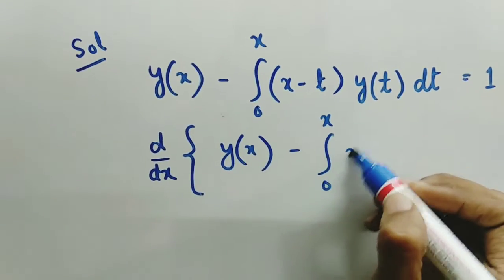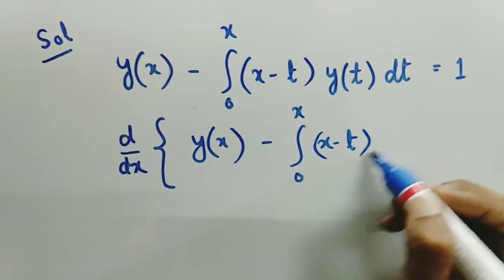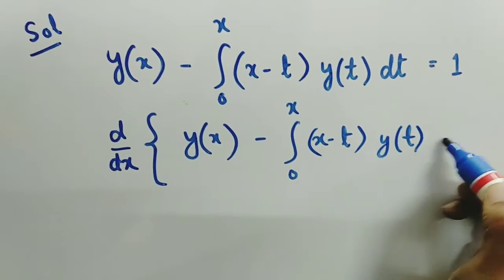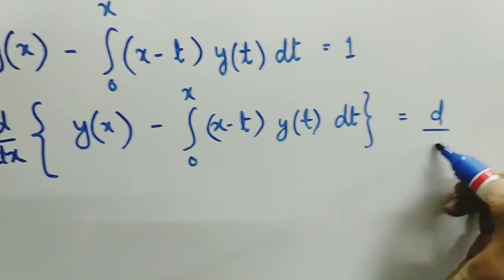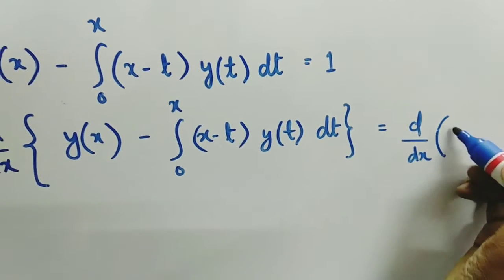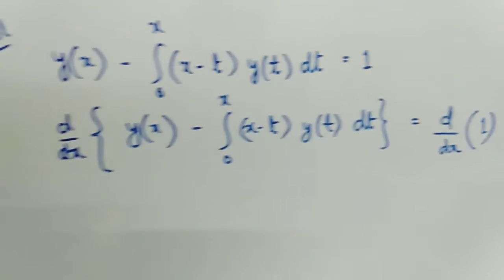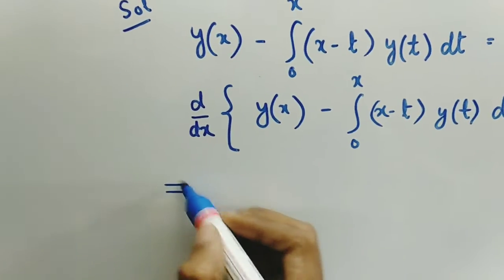We will differentiate both sides with respect to x. So d by dx of LHS, left hand side, is equals to d by dx of right hand side. Right hand side is a constant which is very easy, which is equals to 0.